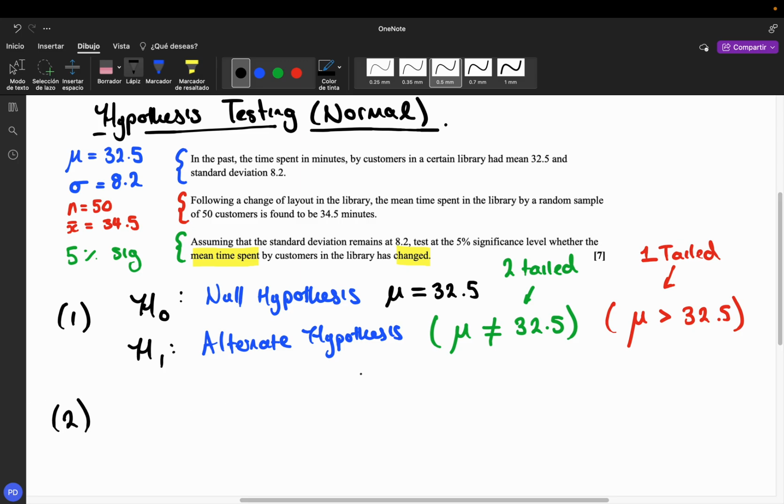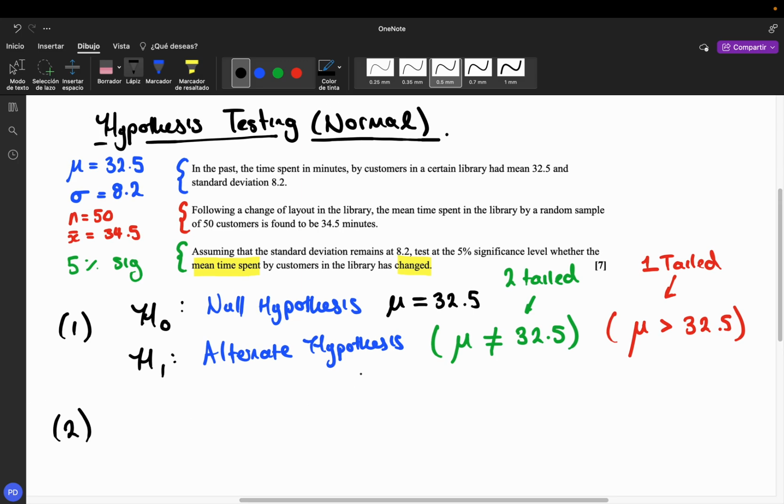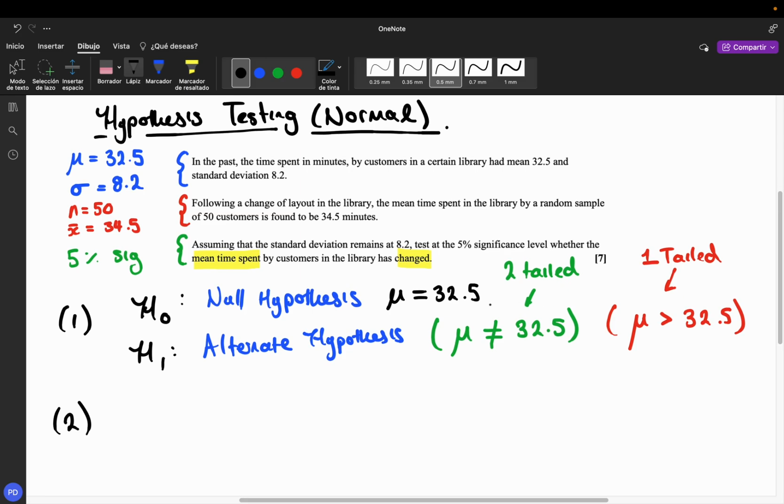Second thing, and this is why anyone should stress this: if someone's reading this, you haven't told me what mu is. I know it's a mean of something, but I don't know what it is. So we need to define it.